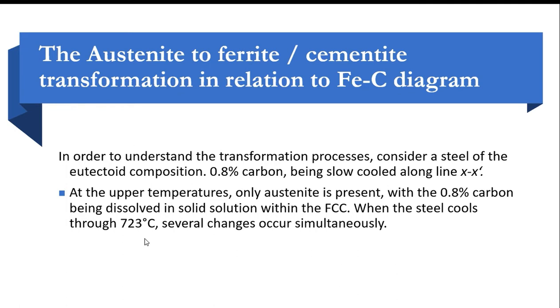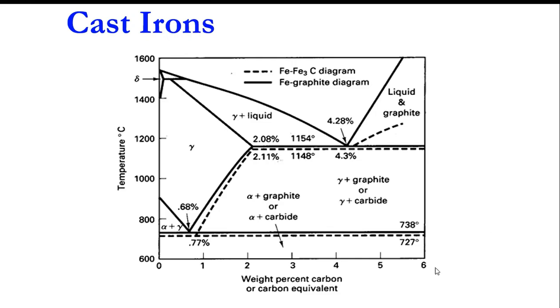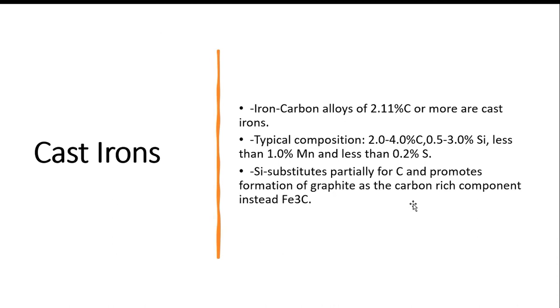Because you have to imagine that diagram before using it, right? If you can imagine it, then these things will definitely go along with your concepts. So my first advice is to try to draw the iron carbon diagram yourself, right?